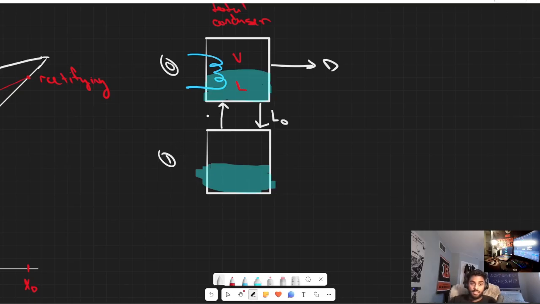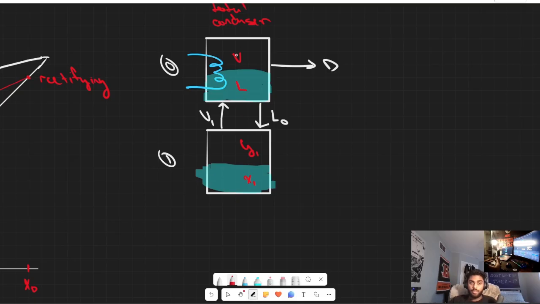And our vapor leaving from stage 1, we'll call the vapor flow rate of stage 1, so V1. And another thing that we're going to list in our nomenclature is that the vapor phase component of stage 1 we'll name Y1, and very similarly, our liquid phase component is going to be X1.